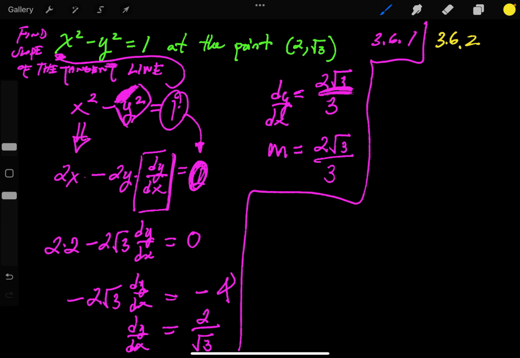3.62. Find the equation of the tangent line. So now they actually do want the equation of the tangent line. So find the tangent line to y cubed minus 3xy squared.